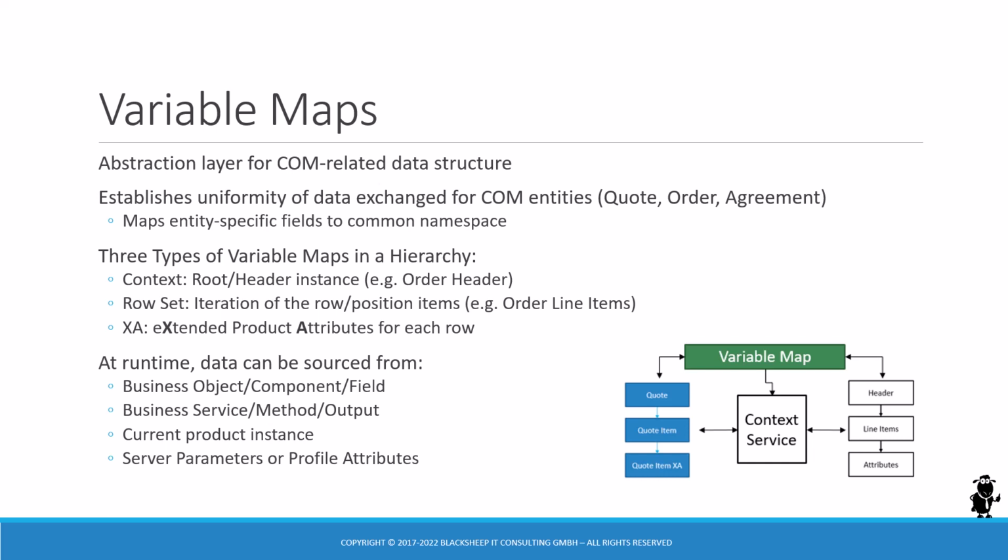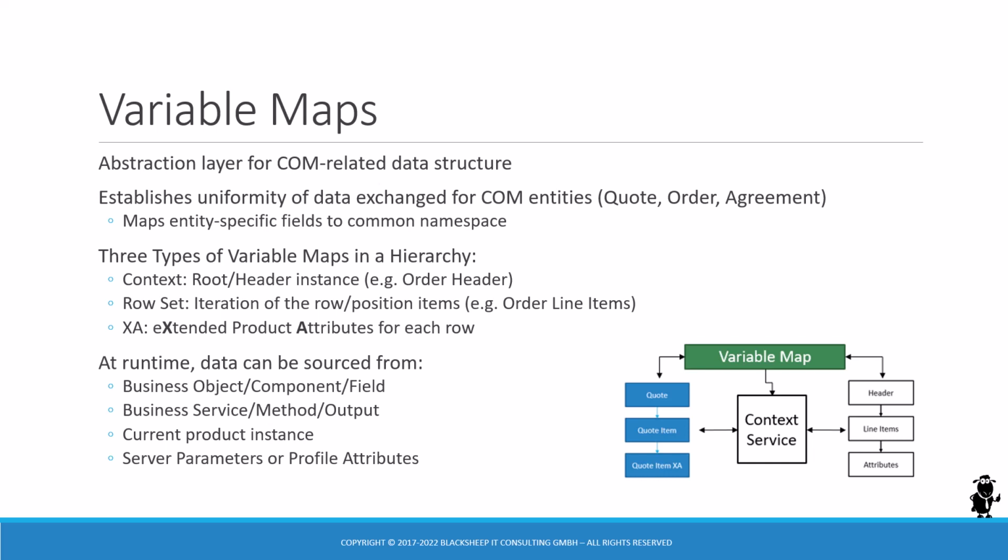And when you want to establish a generic context of a list of products in a certain situation, and that's the abstraction here, so the situation is a quote, order, agreement, and we have a list of products or line items, then you might want to establish some kind of uniformity of the data exchanged. And that is what variable maps do.